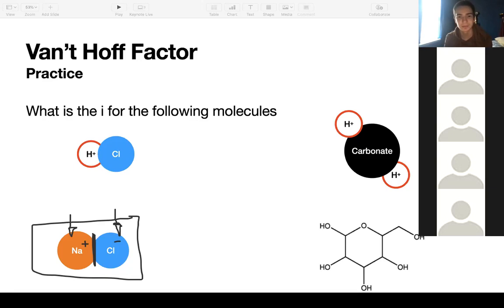Okay, thank you. So let's see. Masha, what do you think about this one up here? Our carbonic acid. Carbonate is CO3 2 minus.